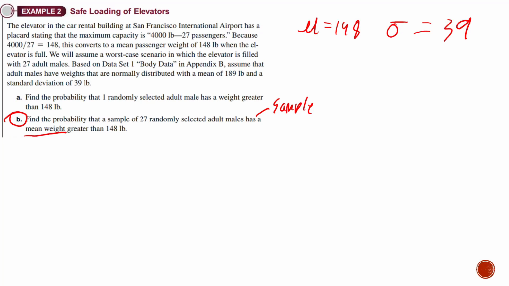What's the sample size here, everybody? N equals 27. Before, we wanted to figure out the probability that X was bigger than 148. Here, we're trying to figure out the probability that X bar is, because we're talking about the mean of 27 randomly sampled individuals.